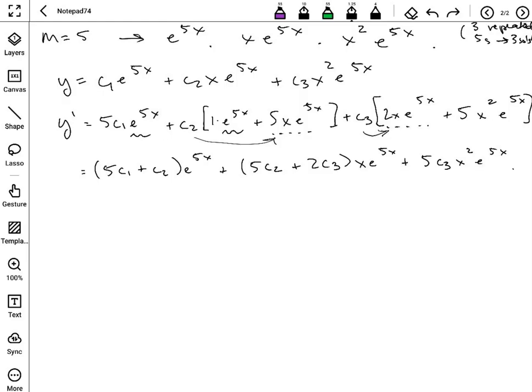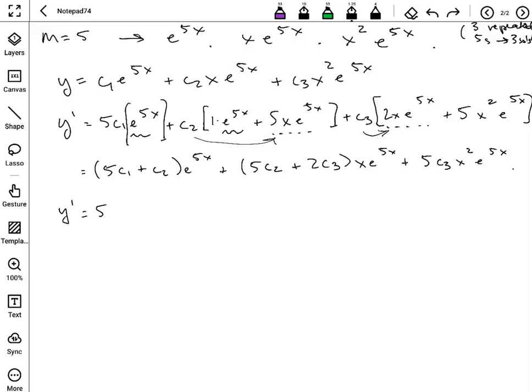So now I need to take another derivative, y prime, but they're going to be exactly the functions that I found when I took my first set of derivatives. Just now the thing out front has changed. So instead of keeping my c1 here, I'm going to keep this whole term when I take my e to 5x derivative.